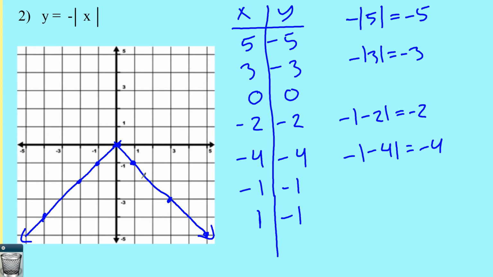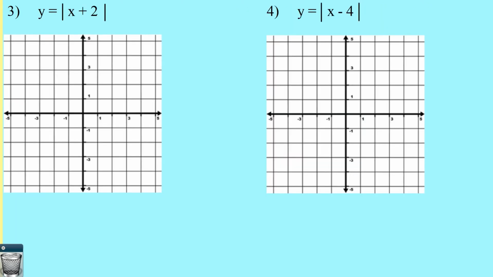So if we have a negative out front, it now makes it an upside down V. So now it's going down. What if we put a number on the inside of our absolute value? Again, just like anything else, let's plug in some stuff.